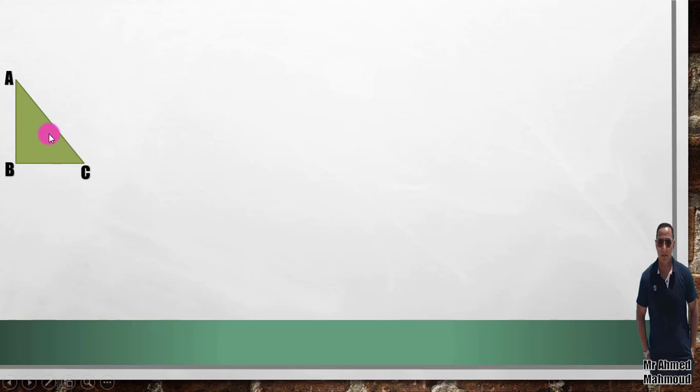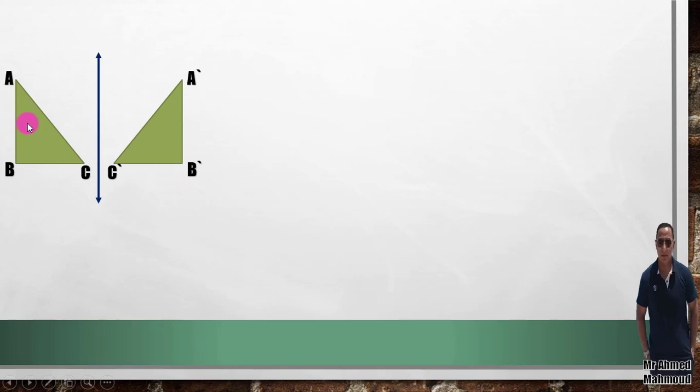If I have an axis, and this axis works as a mirror like this, and I flip this triangle to another side, or its image to another side like this, it looks like a mirror.